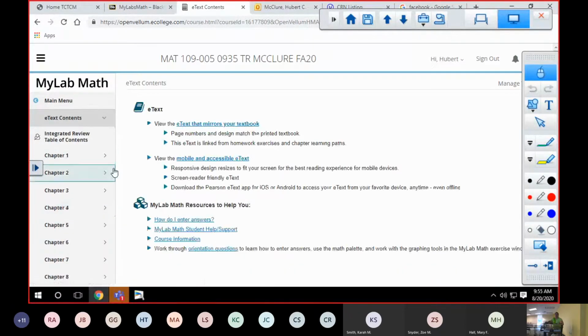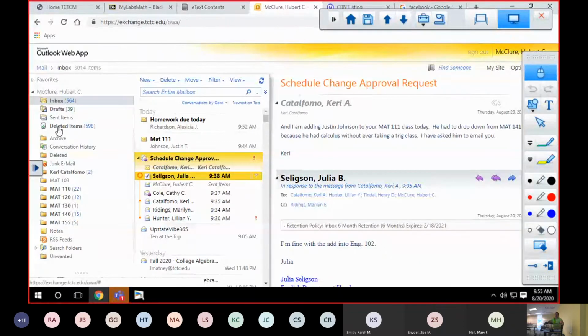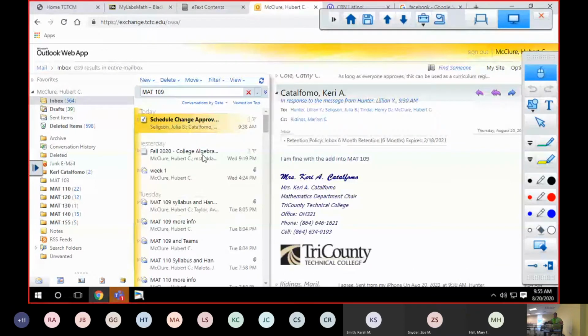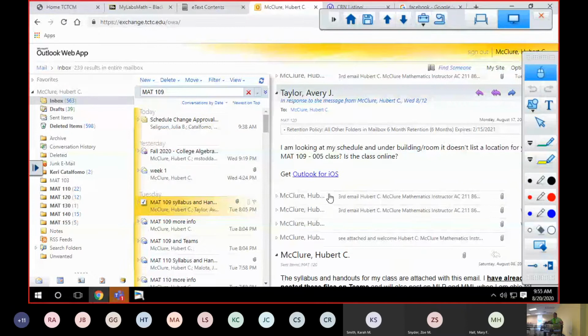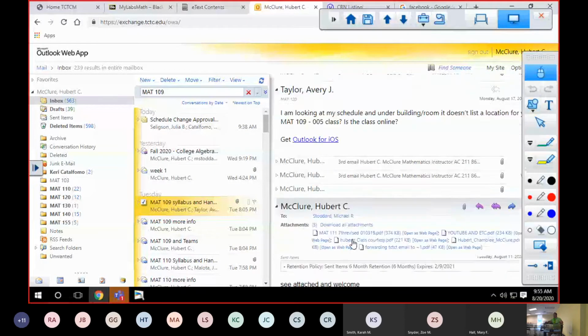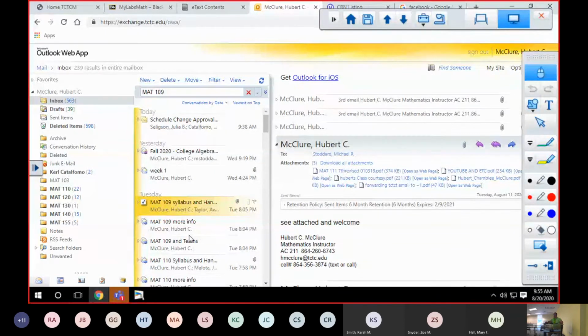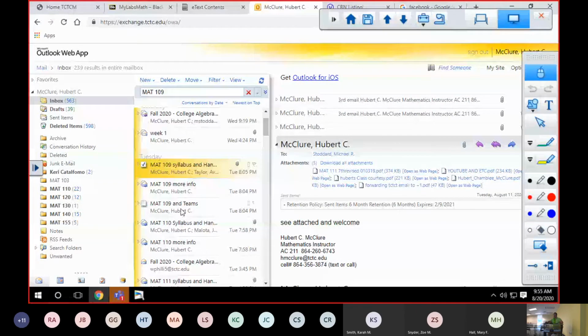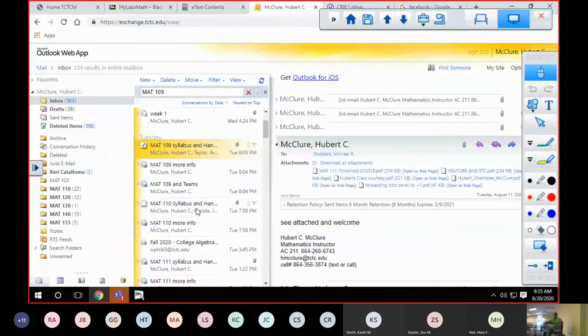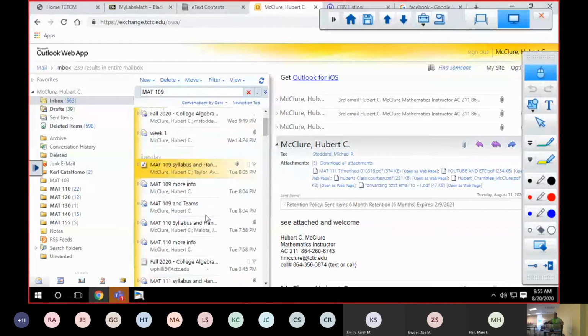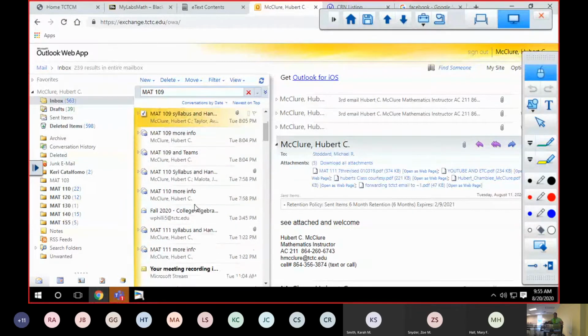I don't know, we need the outline, so let's go get the outline because we don't know what we're doing. So let's go to the outline, Math 109. Let's see, where's the 109 syllabus and handout? That's 111. I got that wrong. There we go, 109. Just give me a second to find it. I don't know why I got the 111 and the 109. I don't know why I did that. 109.